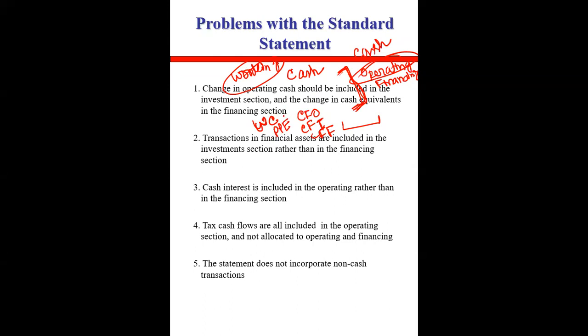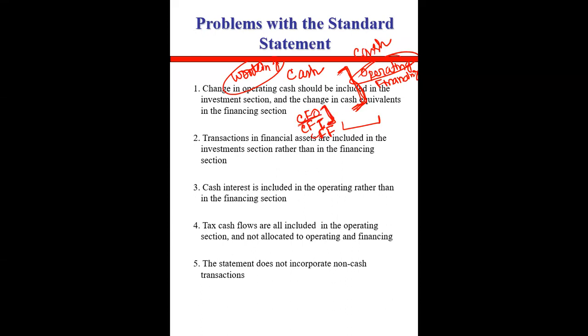So in summary, if there have been any changes in cash which are related to operating purpose or to working purpose, that should ideally come in the investment section, which is indicated here.